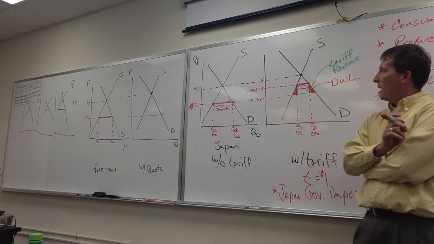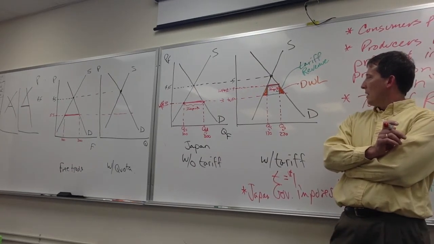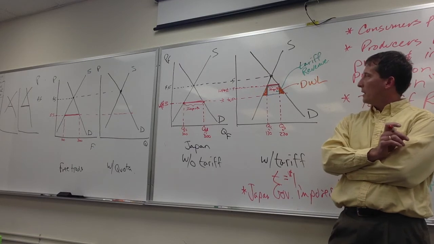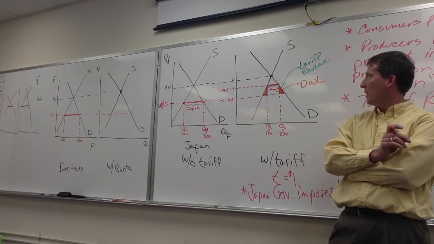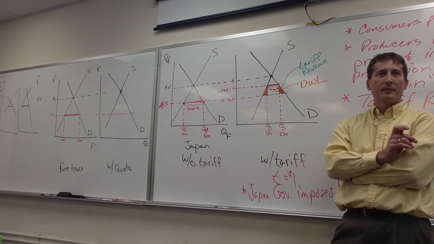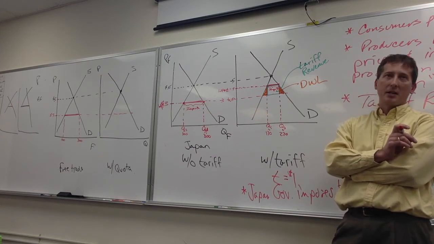Now this time, I'm going to say that we're not going to allow 60 of those units in, so we're going to have a quota of 140 units. So only 140 units are allowed into our nation's boundaries.